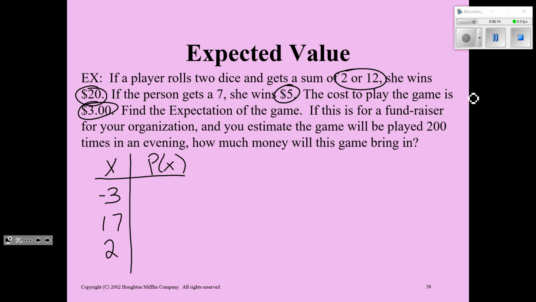How do you get a 2? 1, 1. How do you get a 12? 6 and 6. You could use our addition rule and add them, or you could just think that's going to be 2 out of 36. And that is when we win 20.